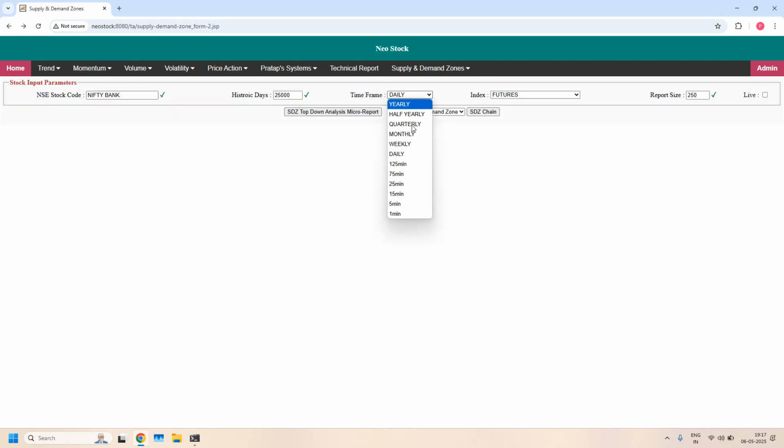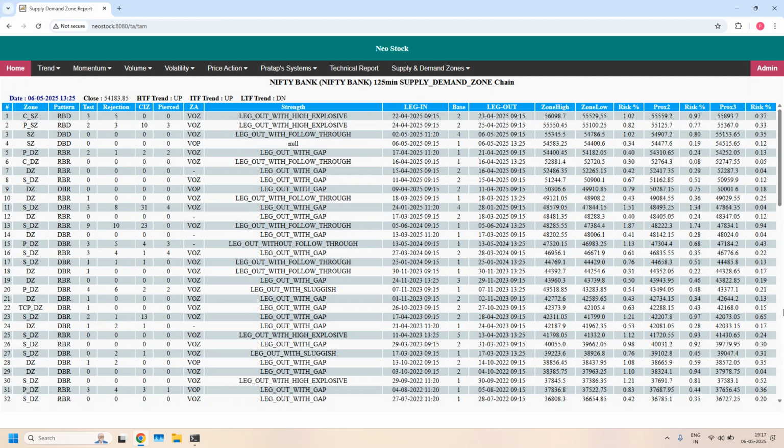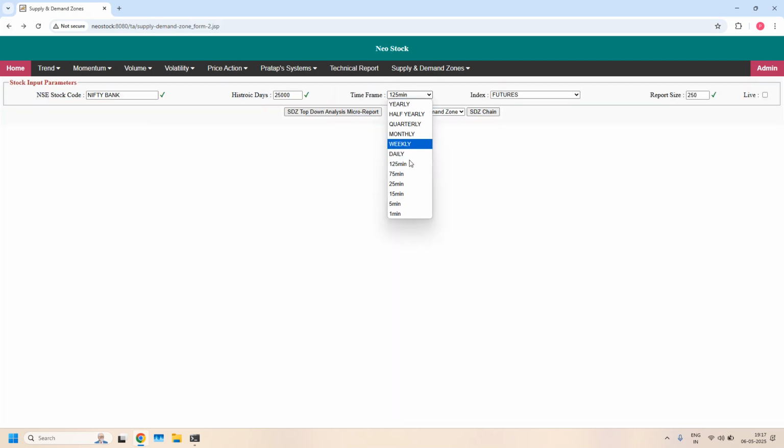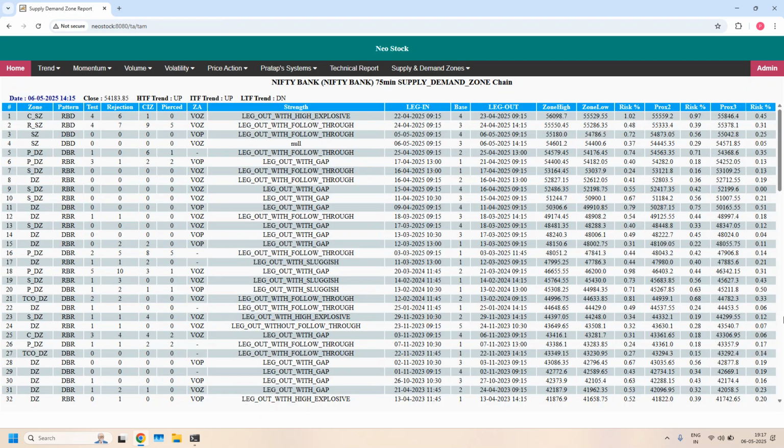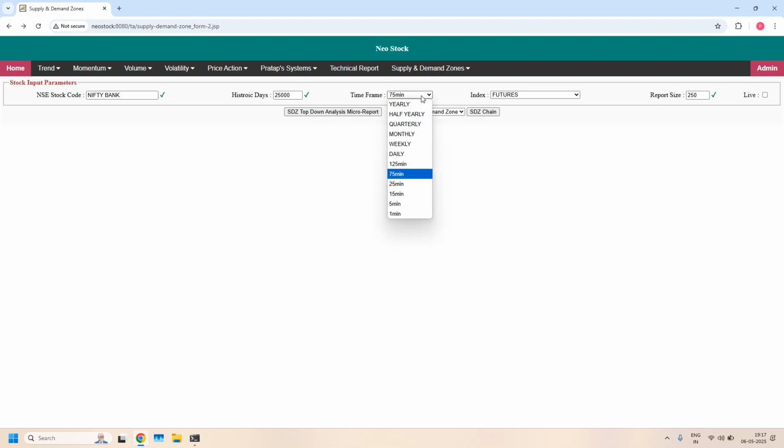Next, generating 125-minute supply demand zone chain for Bank Nifty. Next, generating 75-minute supply demand zone chain for Bank Nifty. Okay, next, generating 25-minute supply demand zone chain for Bank Nifty.